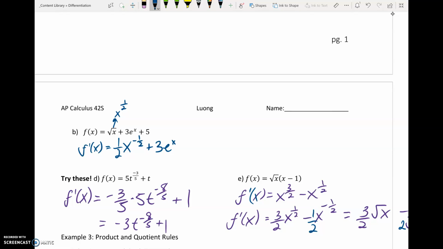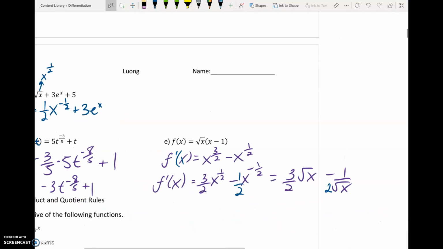So for the first, try it yourself. You're going to bring this negative 3 over 5 down to multiply with 5, and then subtract 1 from the exponent, and you're going to get negative 8 over 5. Then you'll take the derivative of t, which is just going to be 1. Sorry, this is supposed to be f of t, because everything is with respect to t.